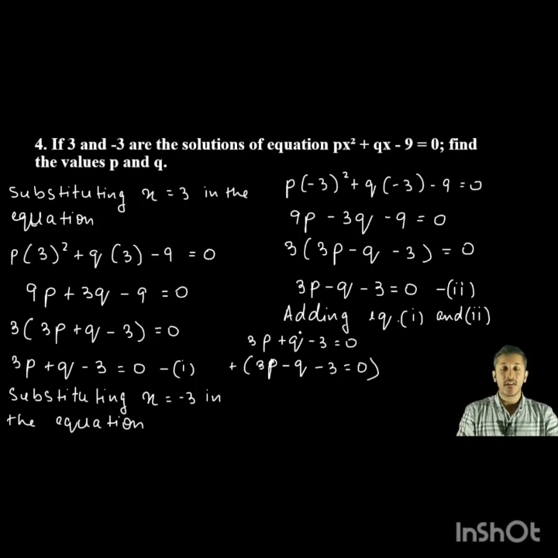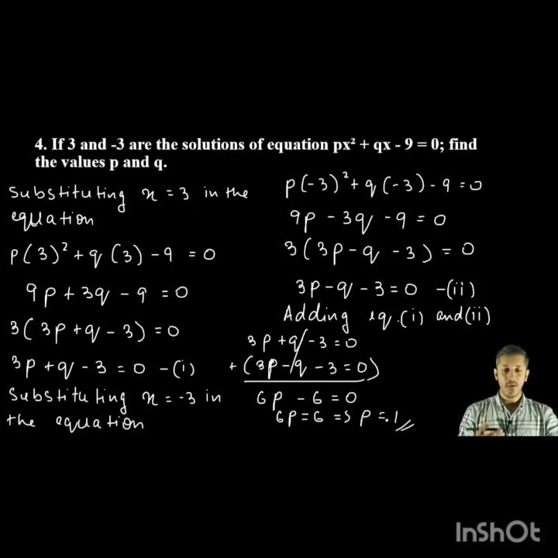All right, so here plus q and minus q will get cancelled. 3p plus 3p will get as 6p, minus 3 will become minus 6. So we'll transpose the minus 6 to the right side. We'll get 6p equals 6, and from here the value of p that we are getting is 6 over 6, which is 1.